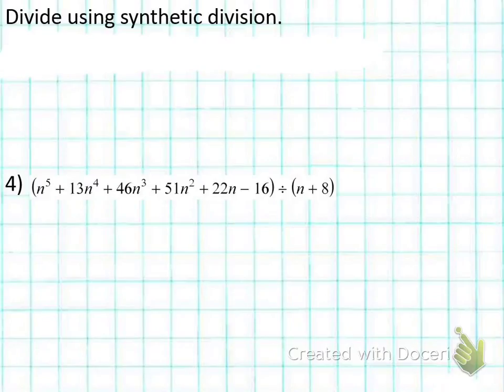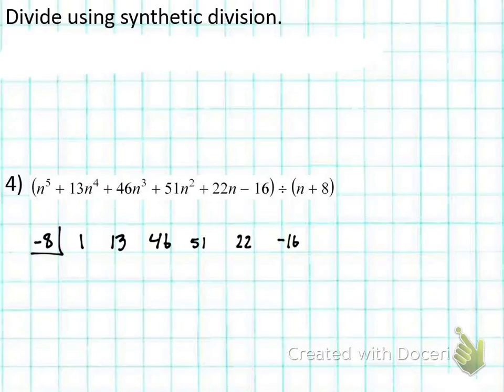Largest term is n to the 5th. Coefficient in front of n to the 5th is 1. Then we have a 13. Then we have a 46. Then we have a 51. And these are real nice because they're all already in order, right? 22 and negative 16. Right? And then what is our a here? Negative 8. Okay?